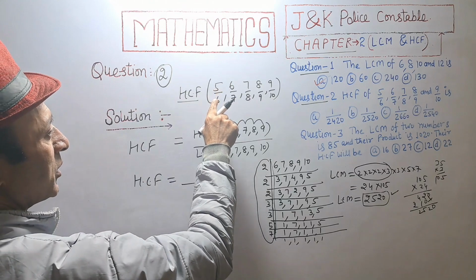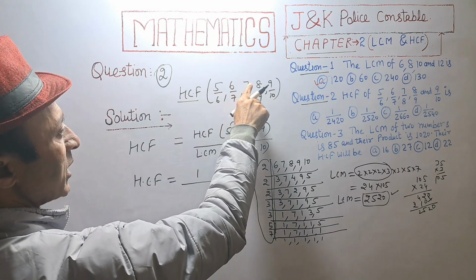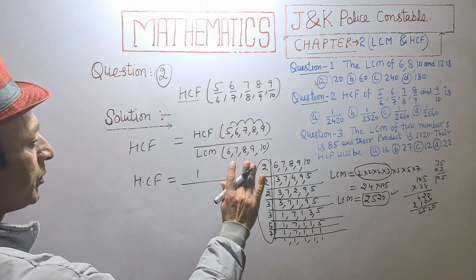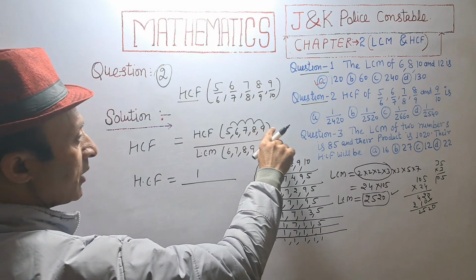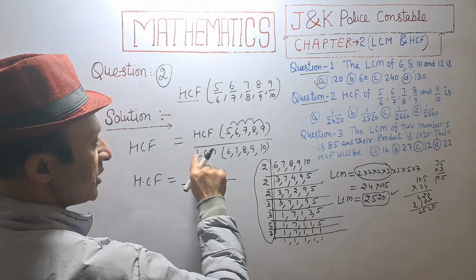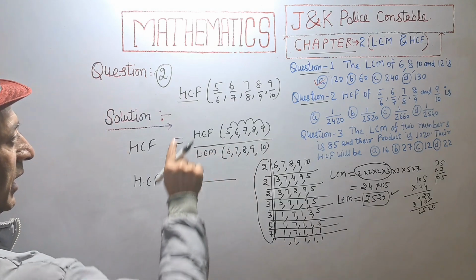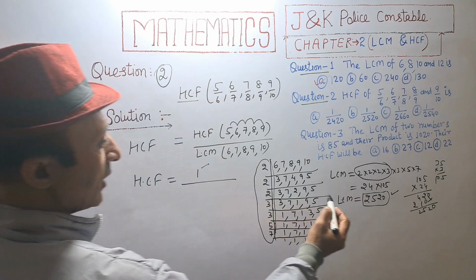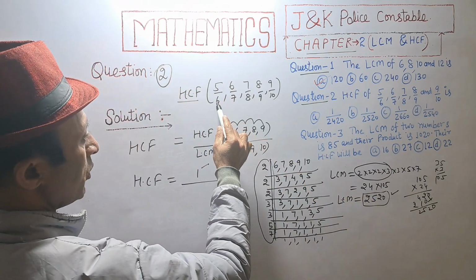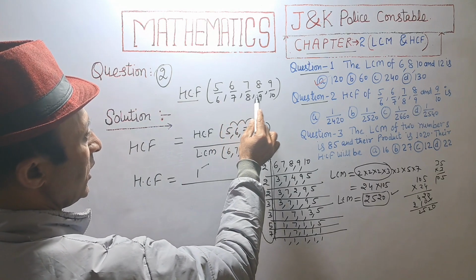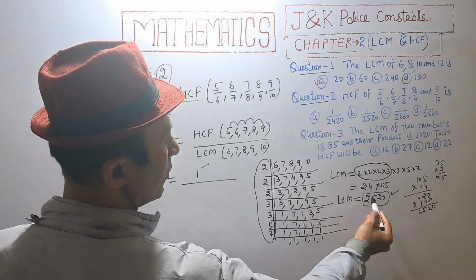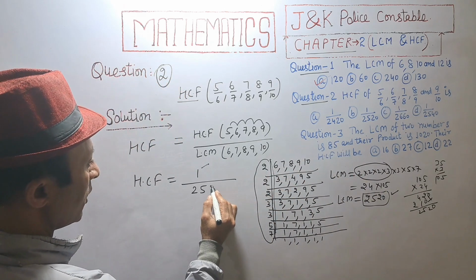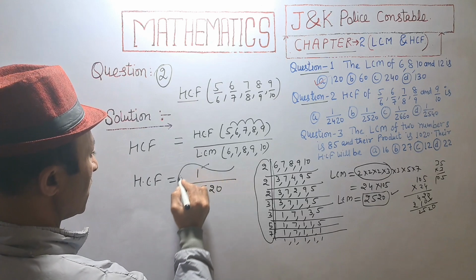HCF of 5 upon 6, 6 upon 7, 7 upon 8, 8 upon 9 and 9 upon 10, that is equal to HCF of numerator divided by LCM of denominator. HCF of numerator is equal to 1, and LCM of denominator, that is 6, 7, 8, 9, 10, we get 2520.